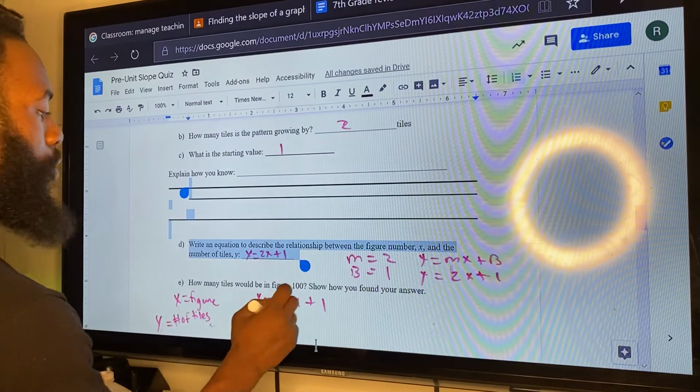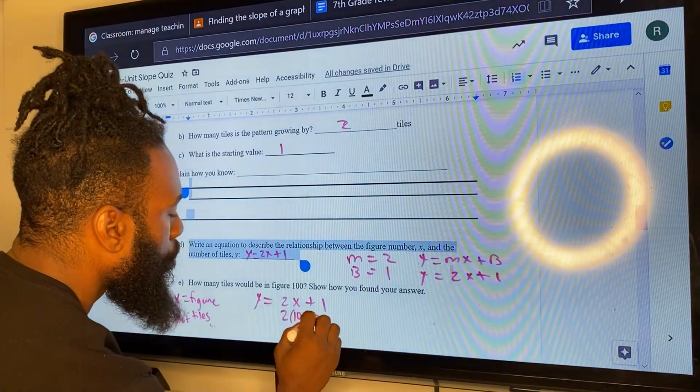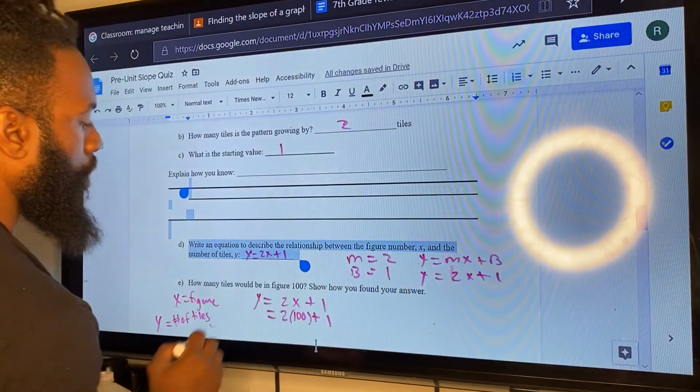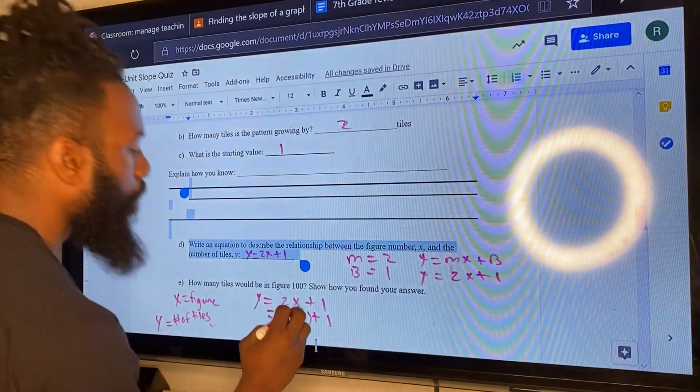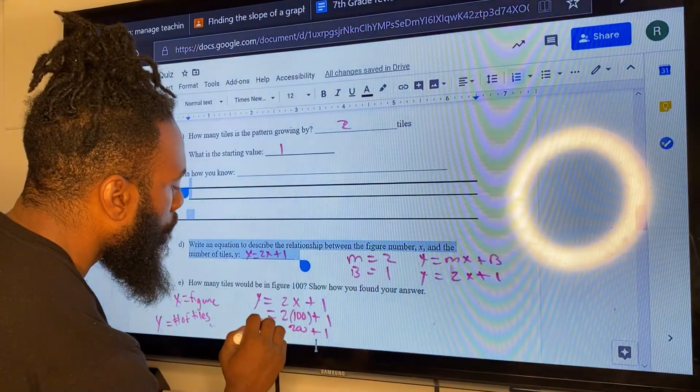So figure 100 would go here, times 2 plus 1. 2 times 100 is 200, plus 1 is 201.